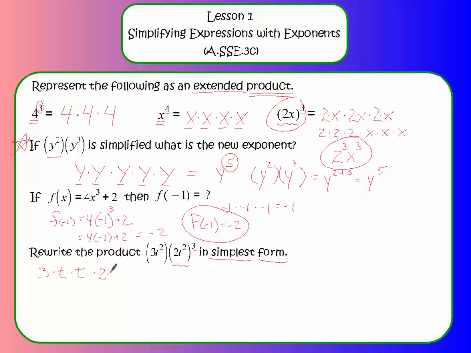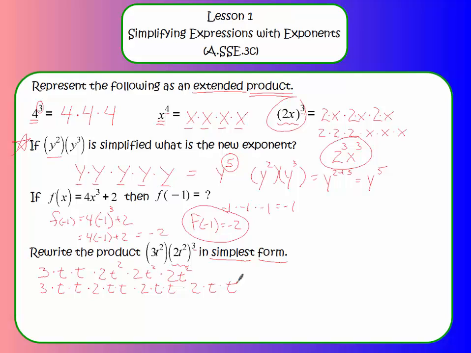I have 2t squared times 2t squared times 2t squared. But this 2t squared could be simplified a little bit. So let me start here, 3 times t times t. This 2t squared could be written as 2 times t times t, and so can every subsequent 2t squared. 2 times t times t, and again 2 times t times t.